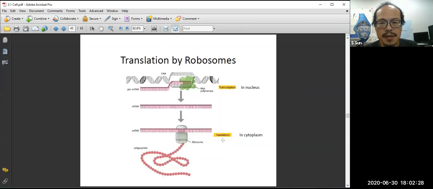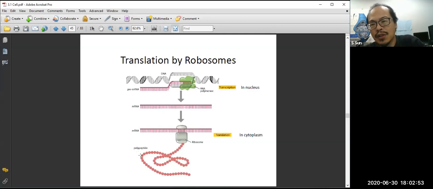So here is the translation of the ribosomes right here. First we have the DNA to RNA, messenger RNA. Messenger RNA will go through this ribosome. Two subunits bind together, messenger RNA goes through it, and here it produces this polypeptide.